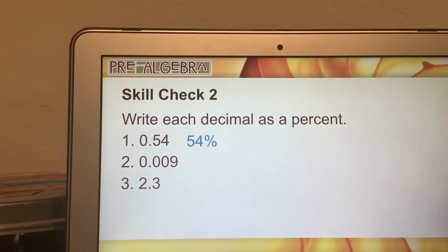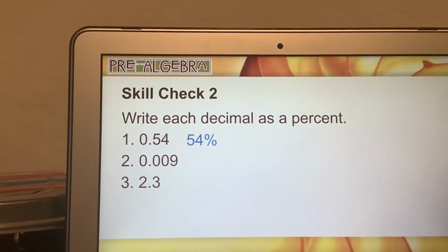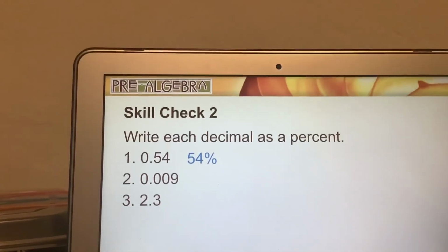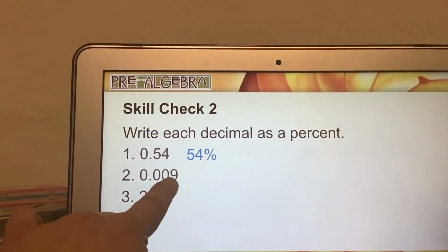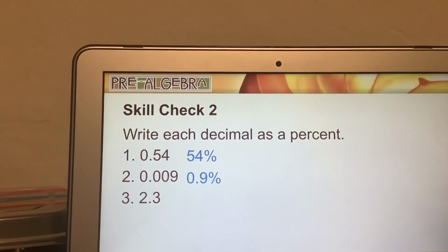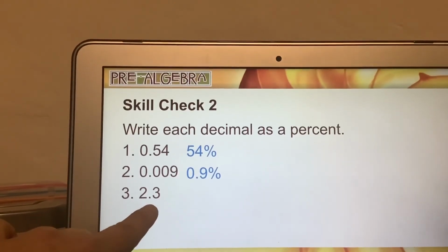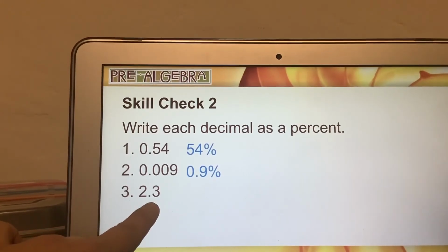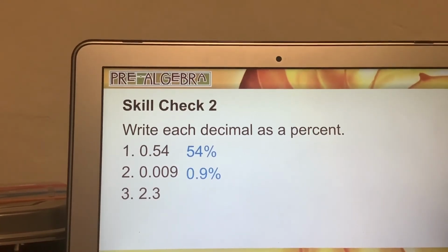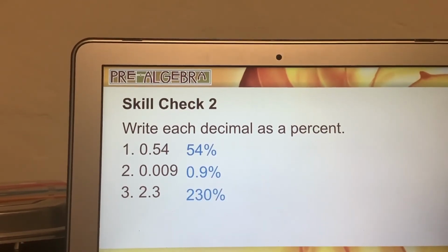Number 2, 0.009, I am going to multiply by 100%. Then that means I'm going to be moving my decimal over 1, 2 places. So it's going to be 0.9%. All right, next, let's take 2.3, and I'm going to multiply by 100%. I'm going to move my decimal over 2 places, and that will give me 230%.